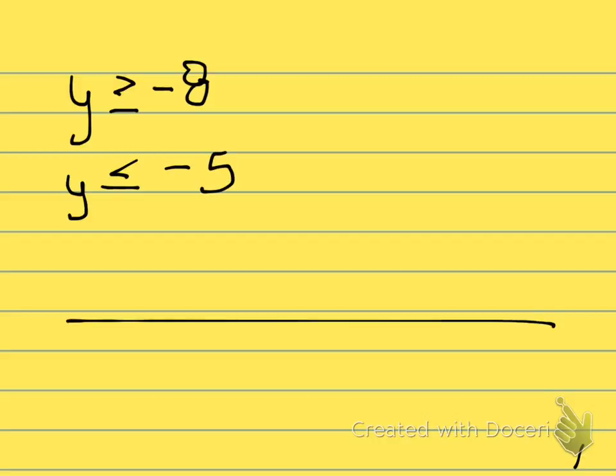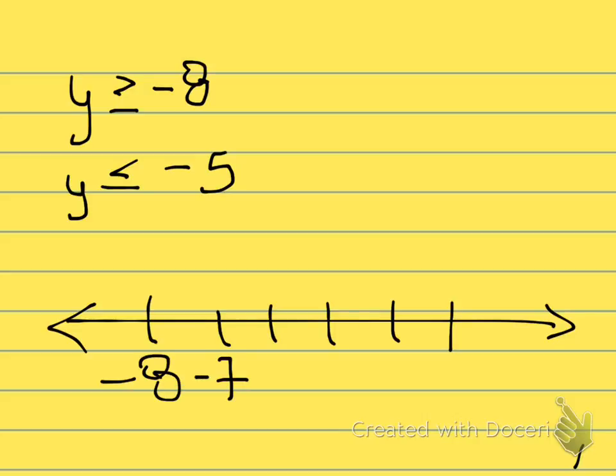We would draw a number line, and we need to graph both numbers. So we need to make sure both numbers are included on our number line. And we need to put a closed circle at both numbers, since they both have an equal to, which includes them.